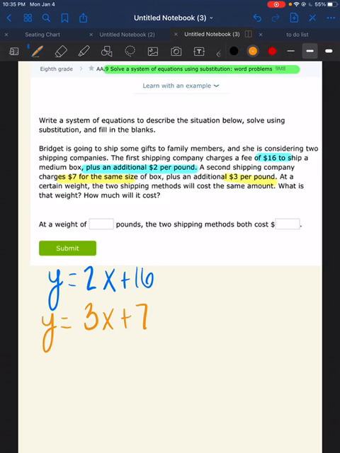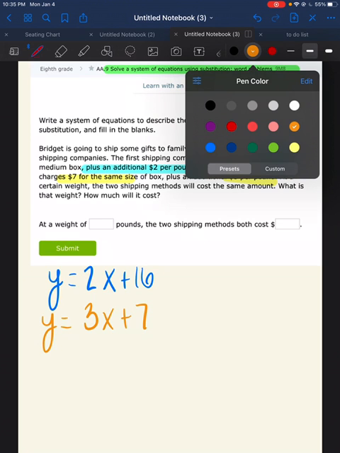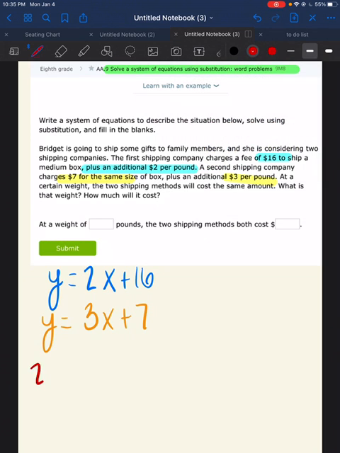Okay, I'm going to substitute this in. I'm going to use red. We will do 2x plus 16 equals 3x plus 7.